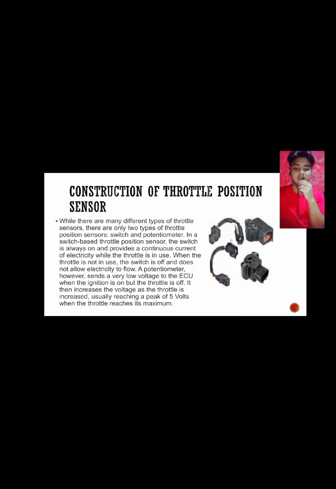When the throttle is not in use, the switch is off and does not allow electricity to flow. A potentiometer, however, sends a very low voltage to the ECU when the ignition is on but the throttle is off. It then increases the voltage as the throttle is increased, usually reaching the peak of 5 volts when the throttle reaches its maximum.